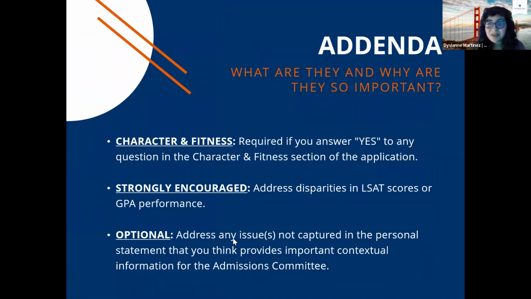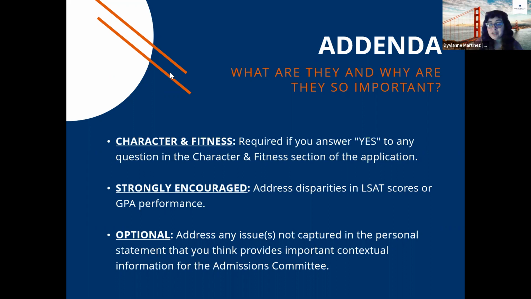Hello again, and I will cover the all-important character and fitness section within the addenda slide. So in your application, we ask, and all law schools will ask this, for a character and fitness question, you will have to answer multiple questions. So for us, there's 4, in terms of either if you had academic issues or action on your transcript, or if there was a criminal action on your record.